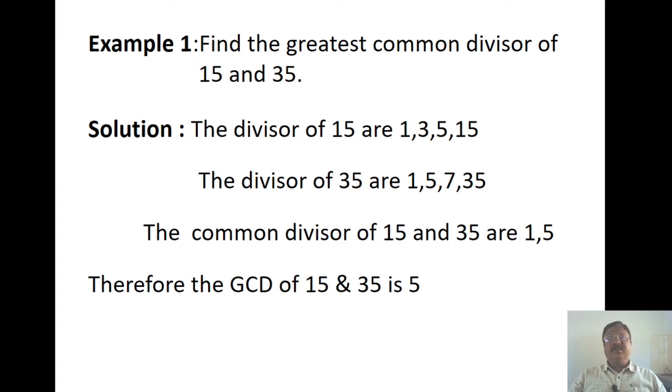Then the divisors of 35 are 1, 5, 7 and 35 itself. Then collect the common divisors of 15 and 35. They are 1 and 5, but the greatest among them is 5. So therefore the GCD of 15 and 35 is 5.